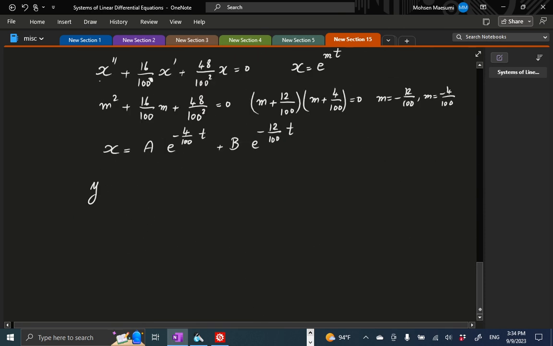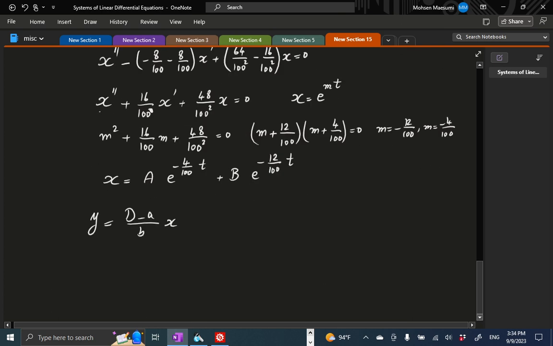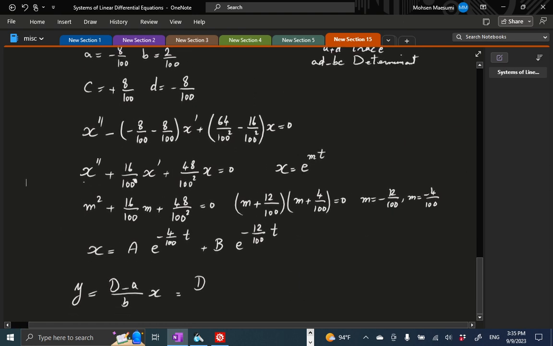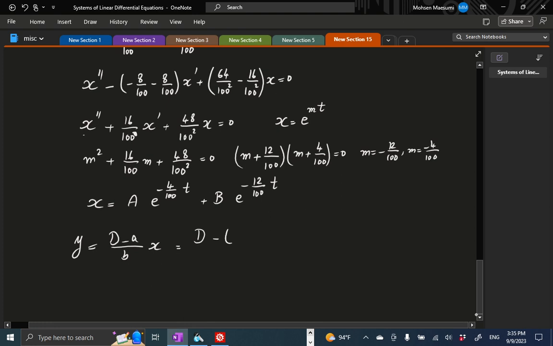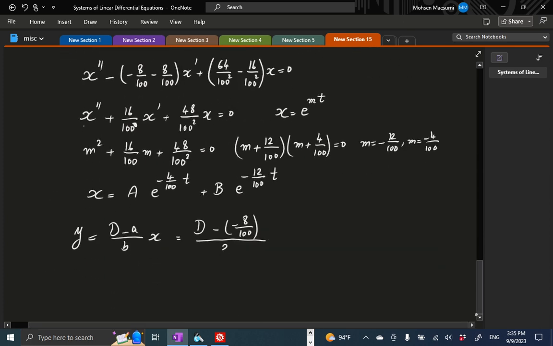We had previously y is equal to d minus a over b times x. Is that right? D minus a over b times x. What we have to do is to take this and multiply by that. What is d? These are just differentiation operations. Who is a? A is minus 8 over 100, and b was 2 over 100.